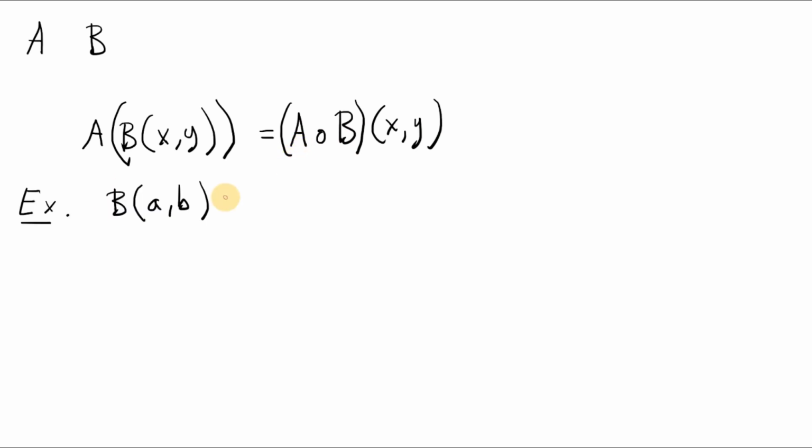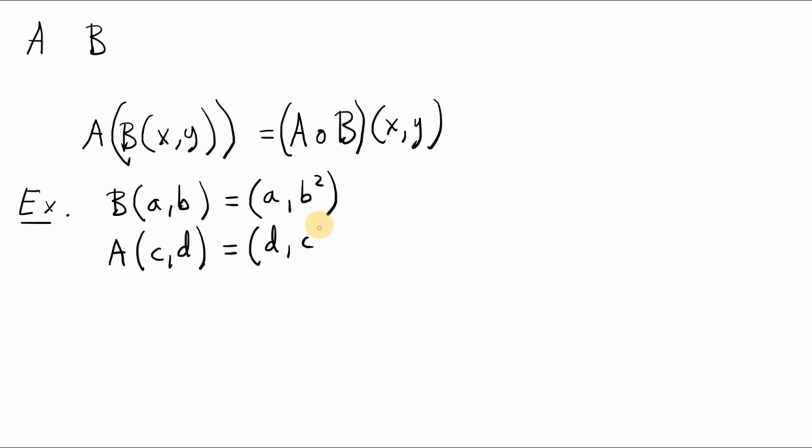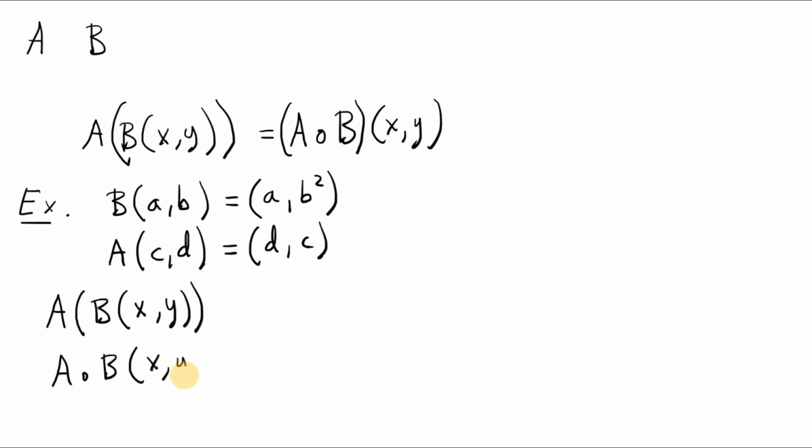For example, B takes a point (a, b) and maps it to (a, b squared). And then it's followed by another mapping A that takes a point (c, d) and maps it to (d, c). Then the combination of these two, if you take a point (x, y), another way of writing this one is this.